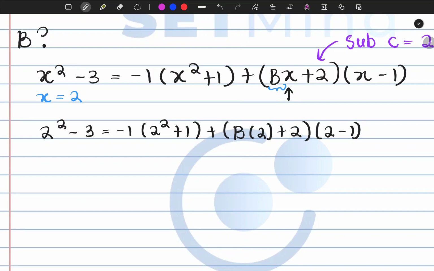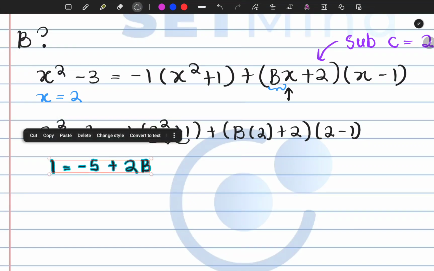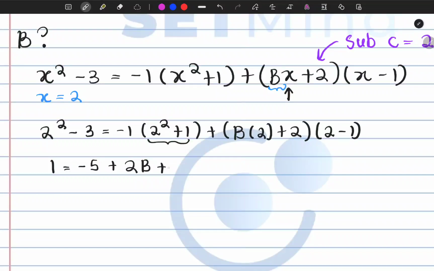And if you look carefully, we have 4 minus 3, which will just be 1. And what is inside here is going to be 5 multiplied by the negative. It becomes -5. And what is inside here, you will have 2b plus 2, like that.